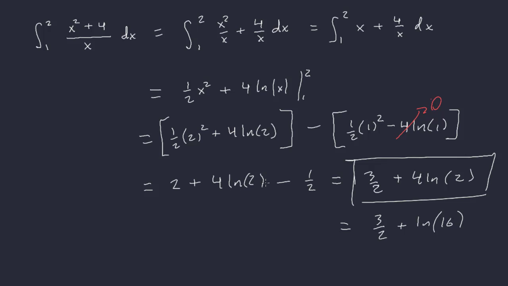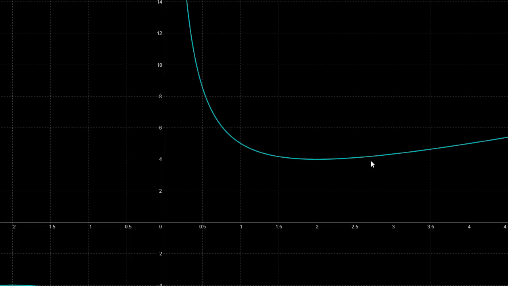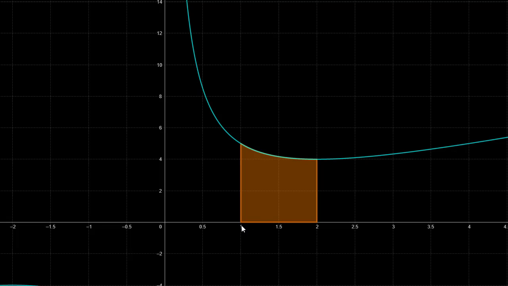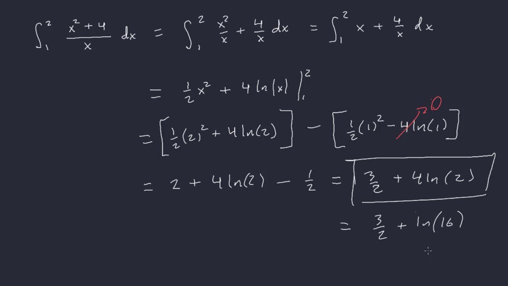All right, and looking at the graph here, here's what the graph of this function looks like, and here's that area from 1 to 2, and it ends up being this 3/2 plus 4 ln 2. If you plug that in the calculator, you get about 4.273.